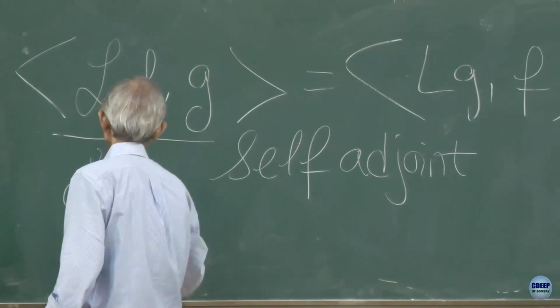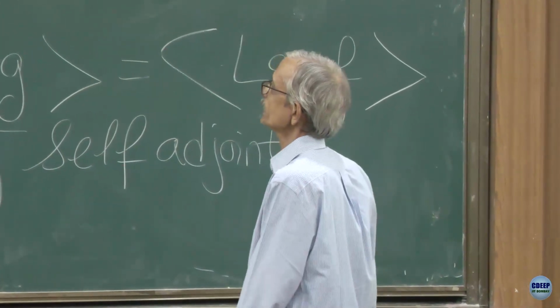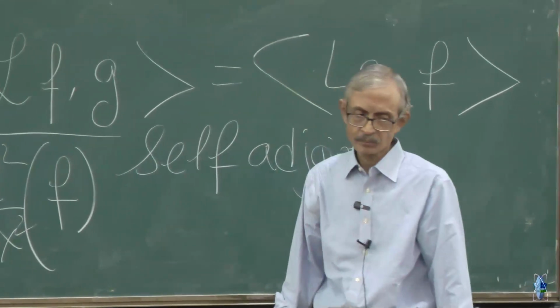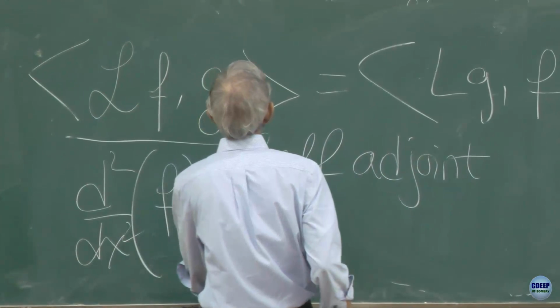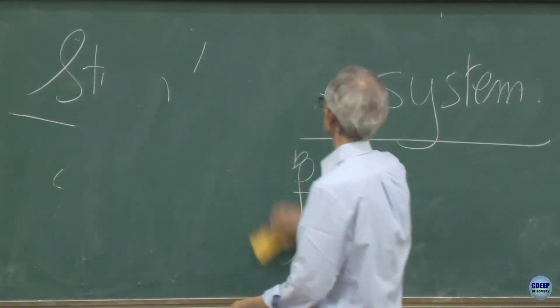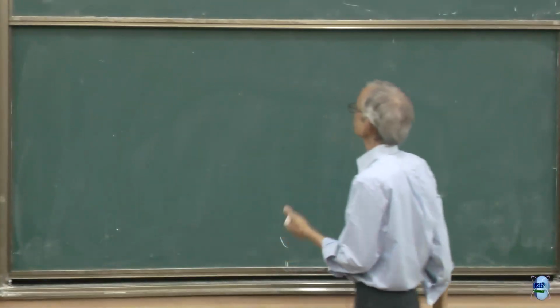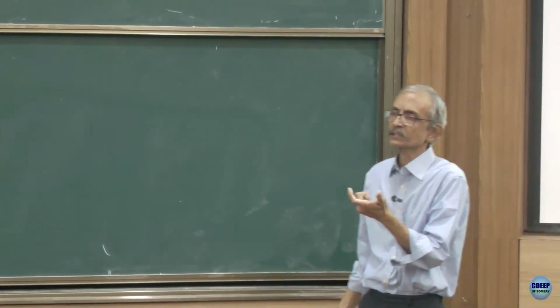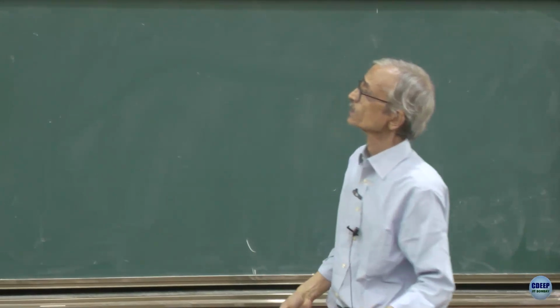Let us just say that I have got two functions, f of a equal to f of b equal to 0 and g of a equal to g of b equal to 0. So we have an operator which is d square dx square, and we are trying to figure out whether that is self-adjoint given the conditions that have been given to us.